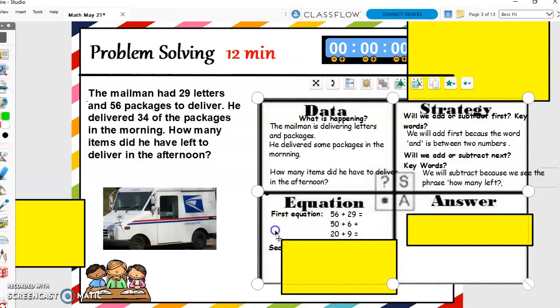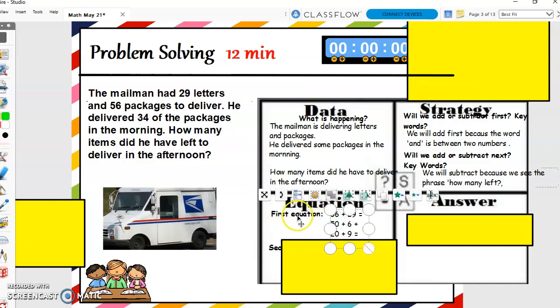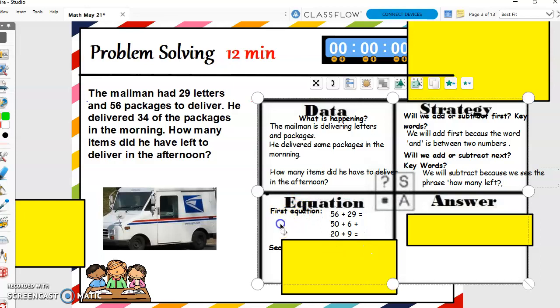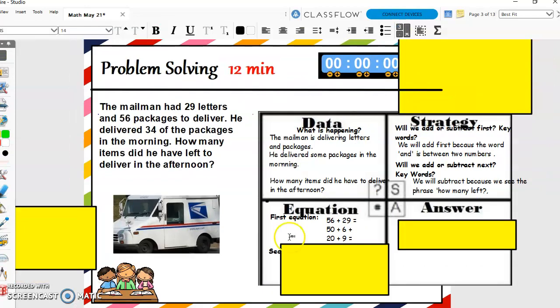Oh, come on, not cooperating. Okay. So we're going to do the break apart method. We're going to do 50 plus 6. Oh, wait a minute. We've already done that. Let's just look at this.